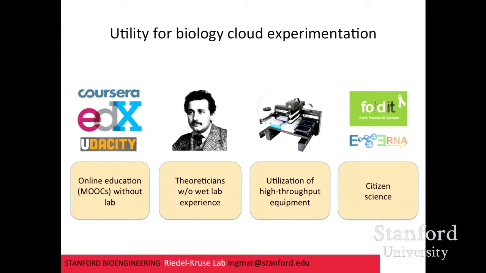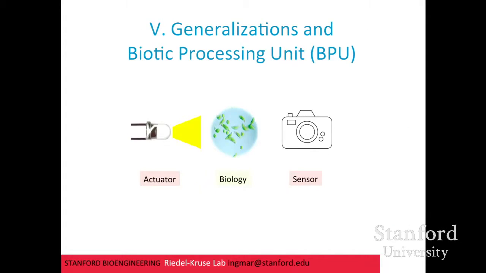We could hope that high throughput equipment is better utilized, and actually now there are some cloud lab companies out there that run experiments for pharmaceuticals and academia. And then there's this whole notion of citizen science, where, for example, Turner, which was developed here at Stanford, allows people to really contribute to the research by running their own experiments and analyzing, right?